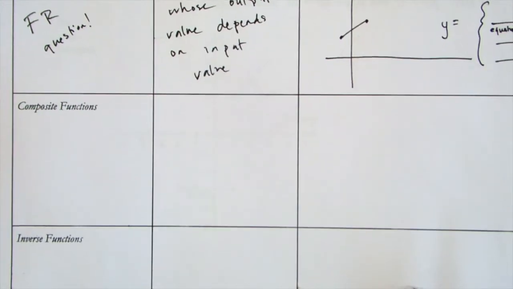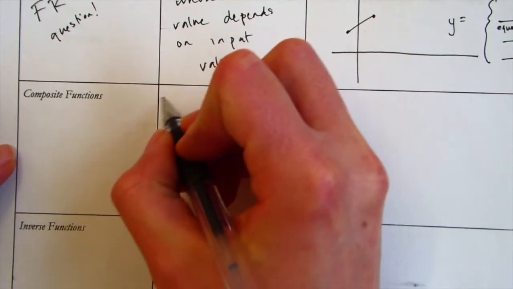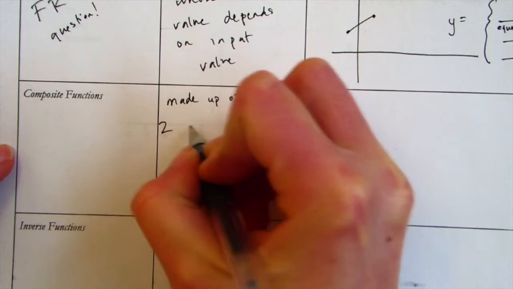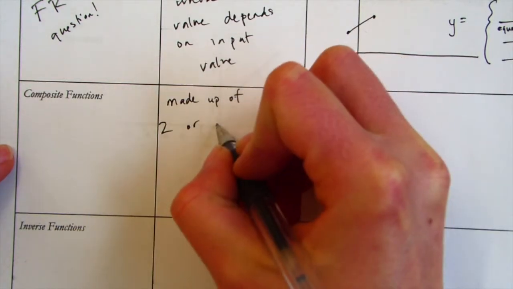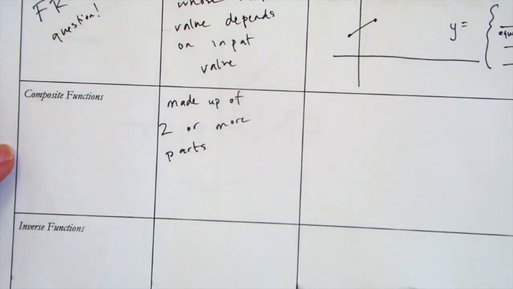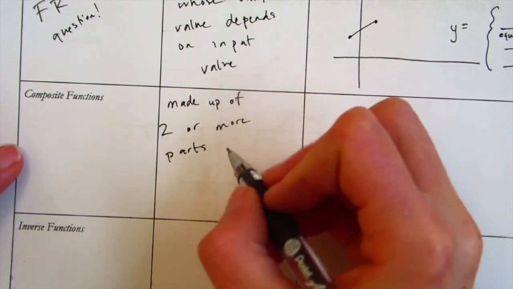All right, next definition is composite function. So composite function is a function made up of 2 or more parts. And the output of one function becomes the input into the other.